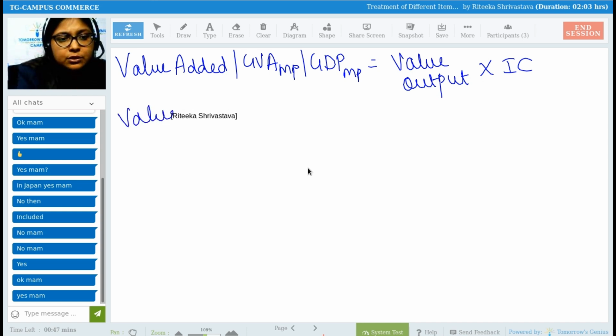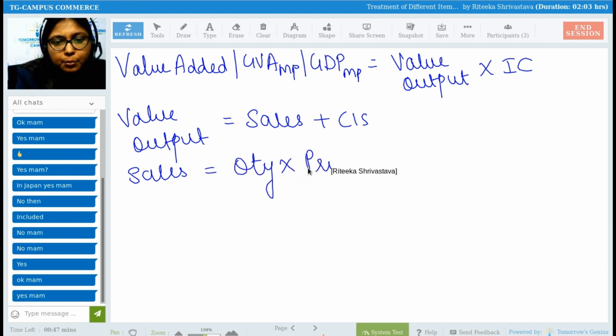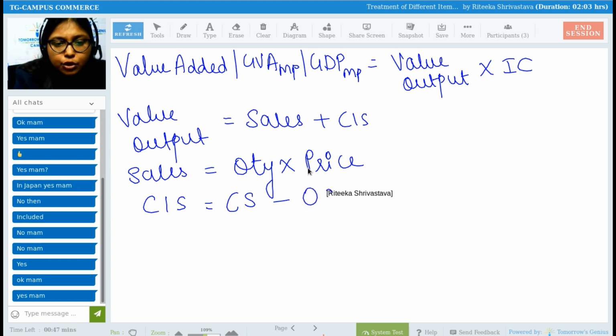If value of output is not given directly in the question, then sales plus CIS, change in stock. If sales is not given directly, quantity into price. If CIS is not given directly, closing stock minus opening stock.